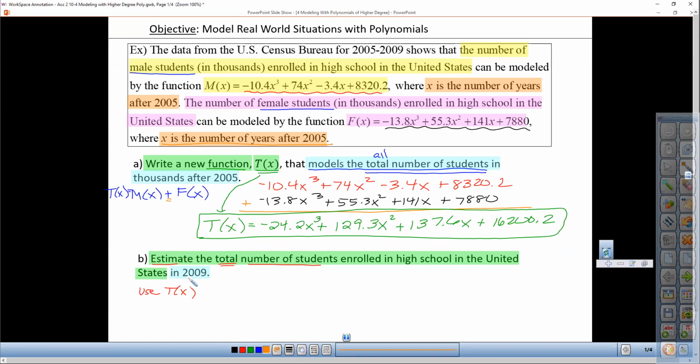So we should not be plugging in 2009 to x, because that's not equal to the number of years after 2005. So x, we have to realize, would be our 2009 minus 2005. And that would tell us it's 4 years after 2005. And so we use 4 for our x value. So now what we're going to do is figure out t of 4.